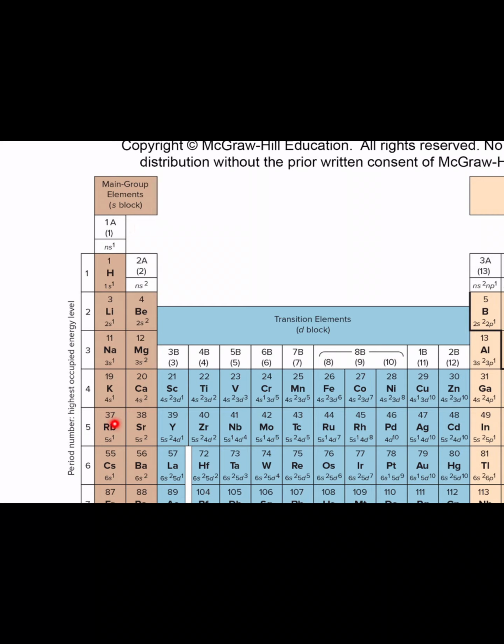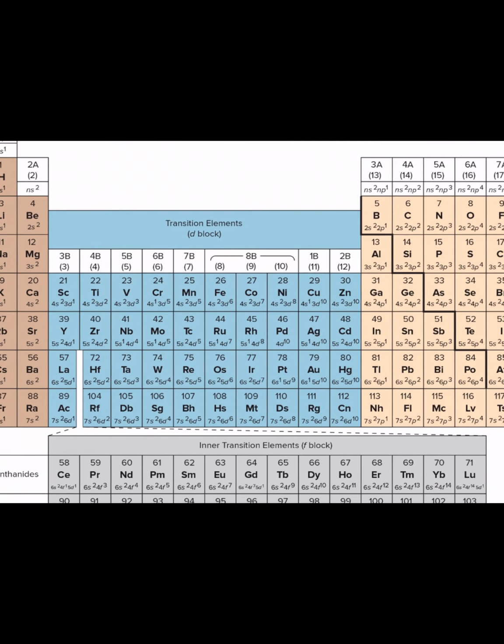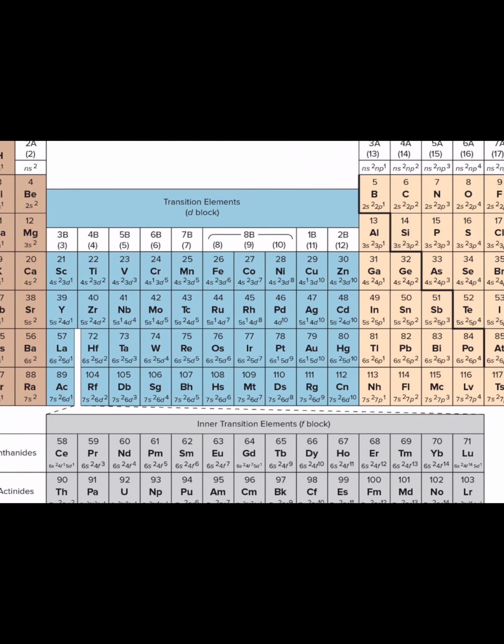And then the transition elements, we call them d block elements, because now we start filling up d electrons. 4s2 3d1, d2, d3, d4, d5, d6, d7, d8, d9, d10. So since the d electrons are being filled up in the blue section, we call it d block elements.